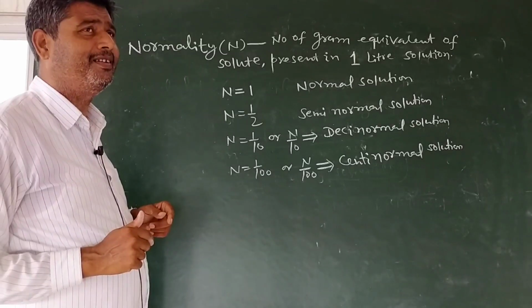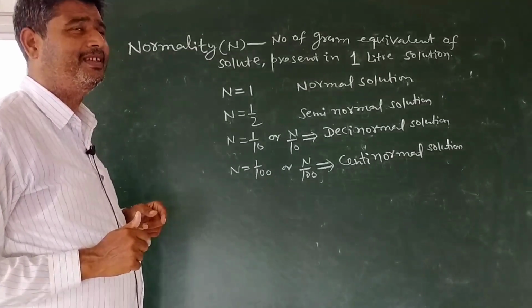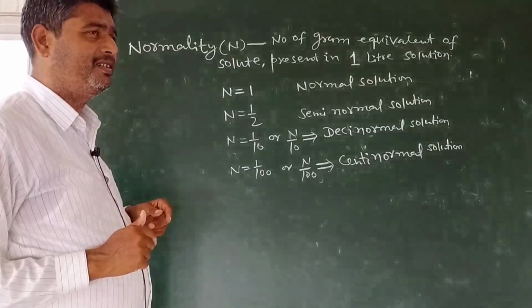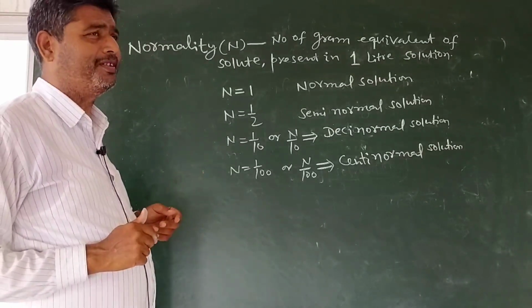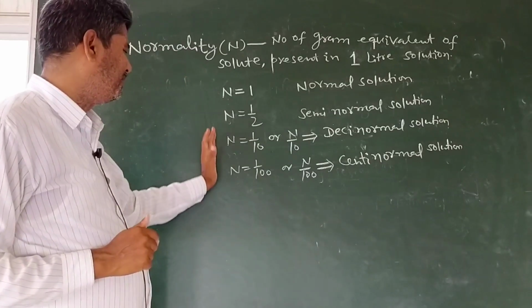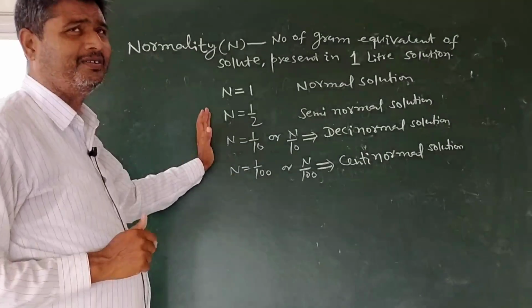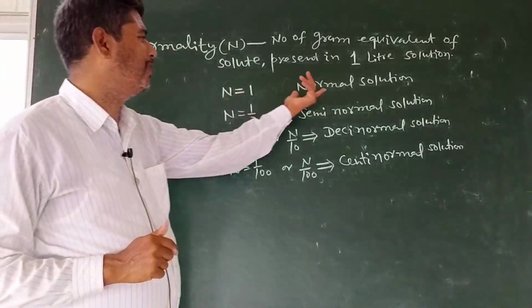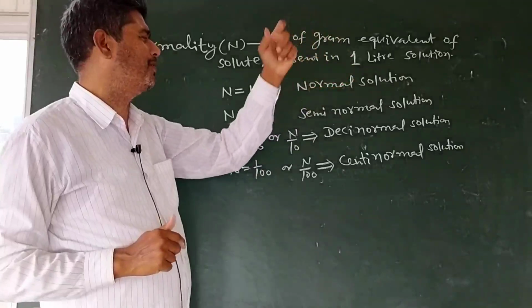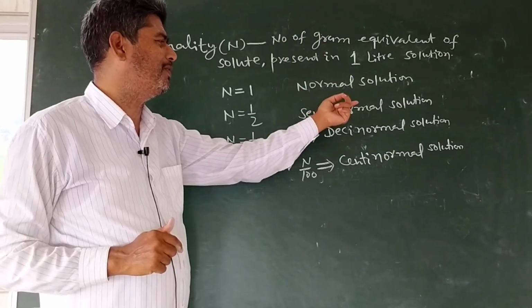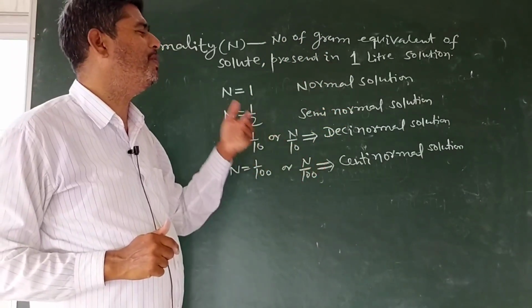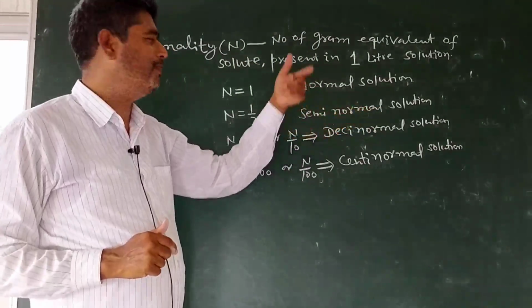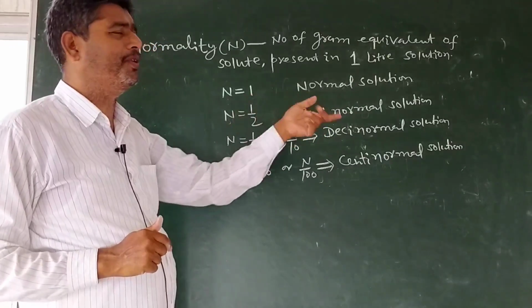Molarity is M/10, it means decimolar solution. Similarly, centimolar solution. The concept also belongs to molarity. Like normal solution, we may say molar solution. Like semi-normal solution, we may say semi-molar solution. Like decinormal solution, we may say decimolar solution.